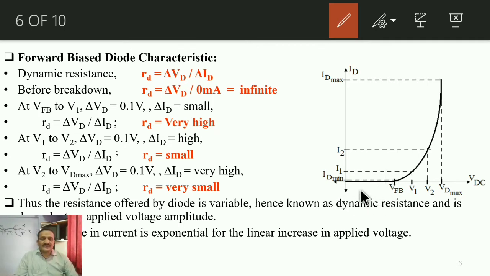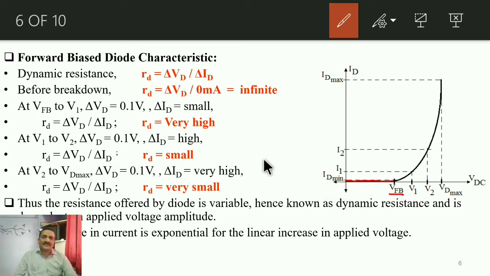See, purposely I have shown this curve up to the mentioned term VFB, the forward breakover voltage of that diode. Already I mentioned its value, it is either 0.3 or 0.7 volt, depending on the material used, either germanium or silicon respectively.